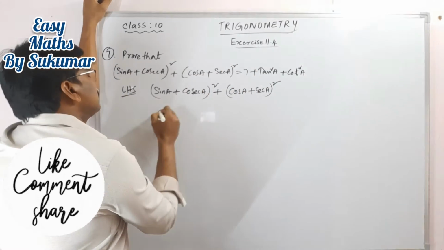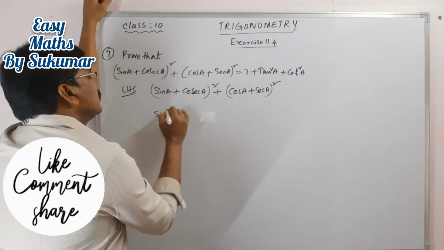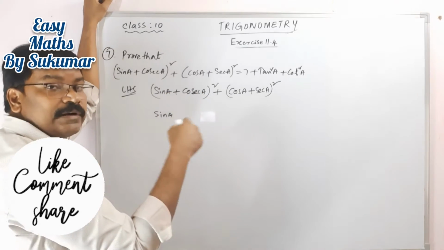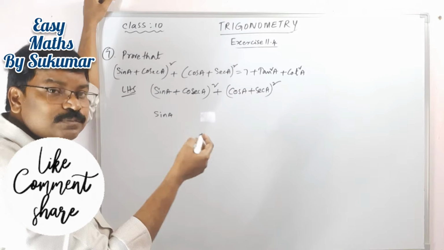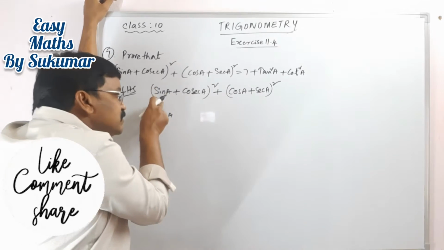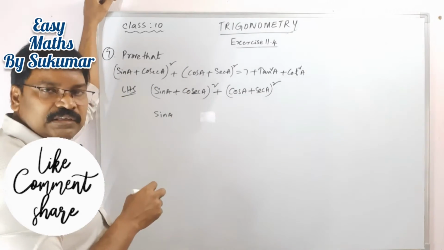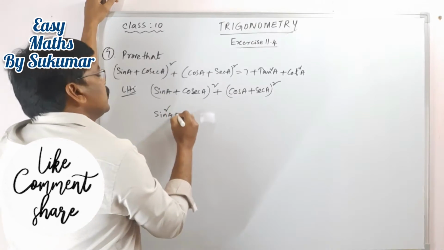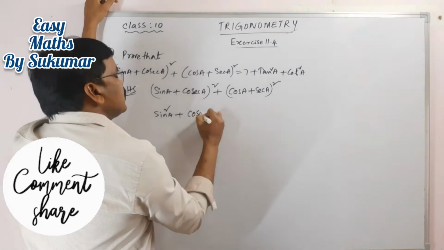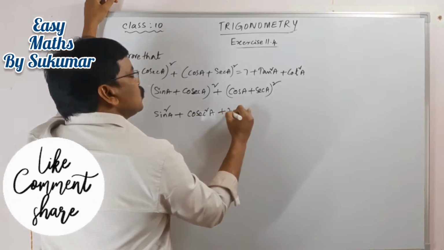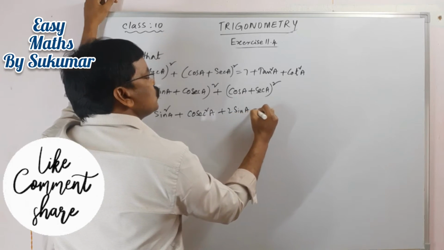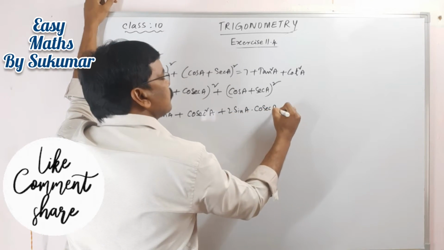Let us take this (sin A + cosec A) whole square and expand using (A + B) whole square, where A is sin A and B is cosec A. Like this: sin square A plus cosec square A plus 2 into sin A into cosec A.